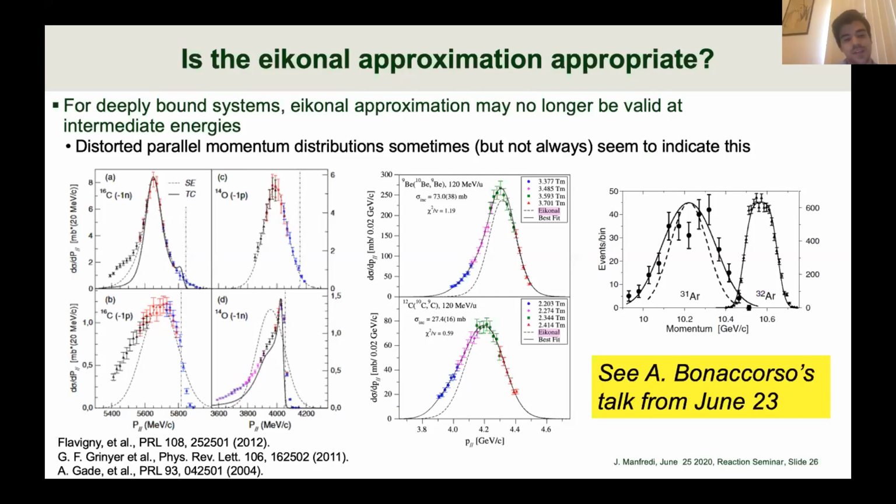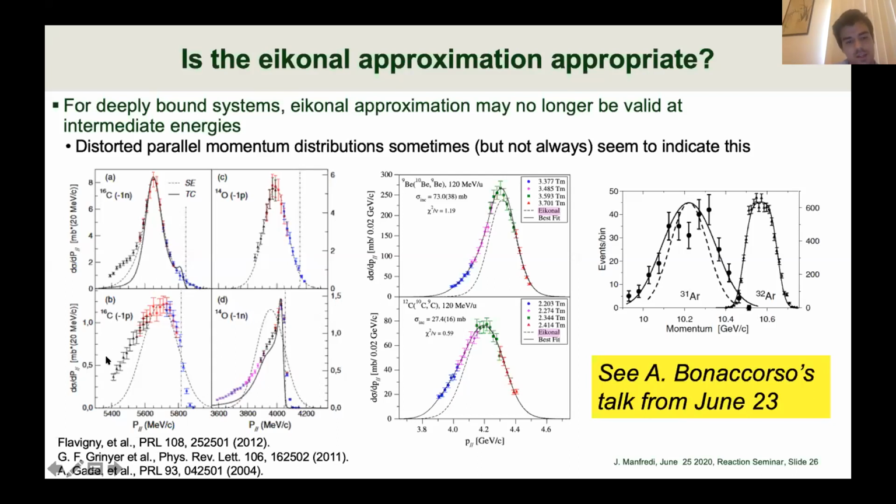A great example of that was previously discussed by Bonaccorso in her talk, not June 23rd, sorry, that is the wrong date. When I send these slides around, or when I post them on the website, I'll put the right date there. And you can see here, especially for this oxygen 14 case, the dotted line represents the eikonal expectation, and the data is very different.